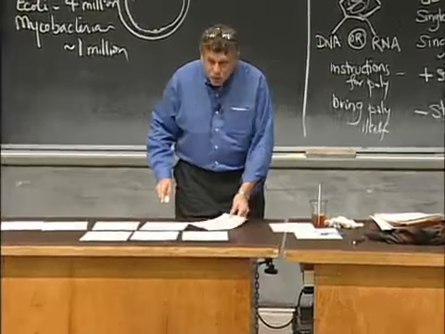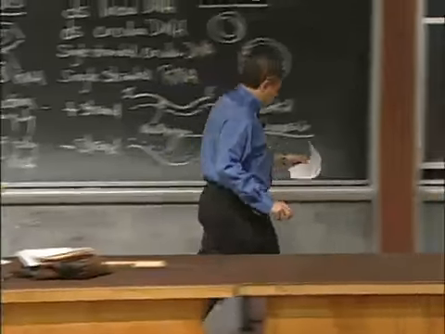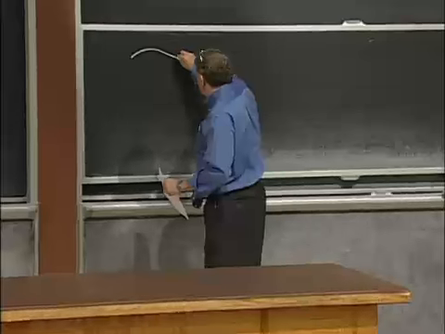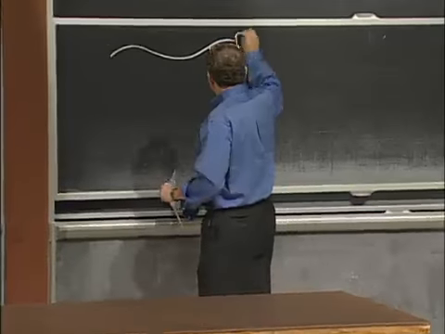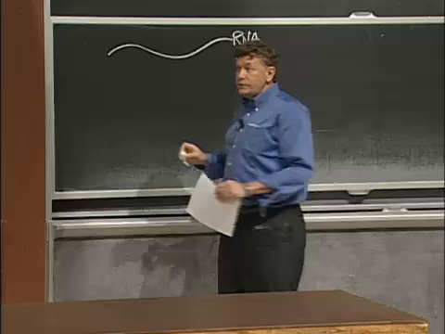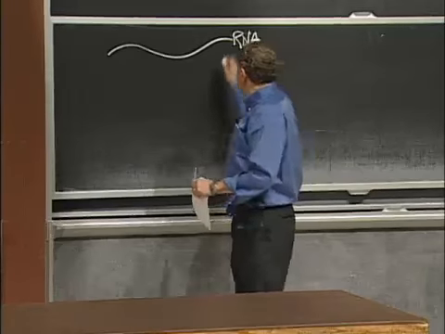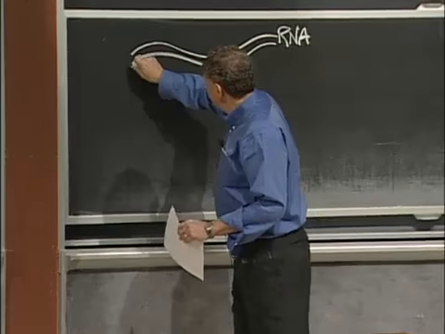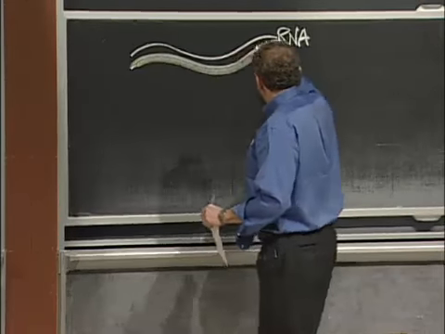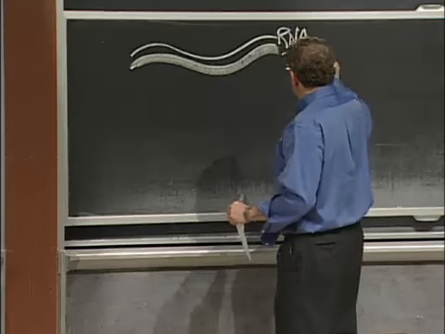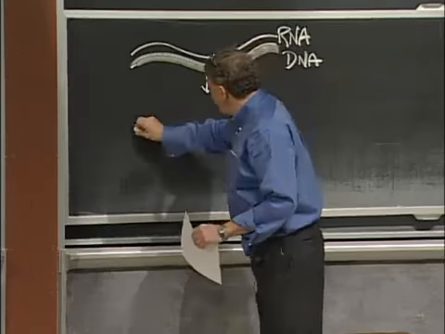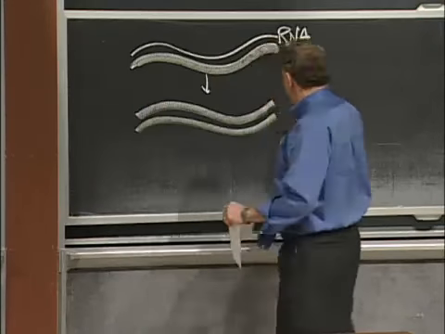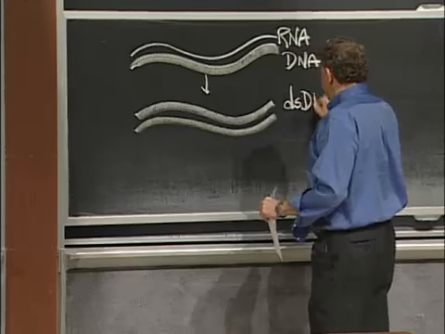Turns out viruses can do one other thing. It turns out that viruses can take that RNA strand, and, although I won't go into all the details, copy that RNA strand into a DNA strand, and then copy that DNA strand to a second DNA strand to make double-stranded DNA.